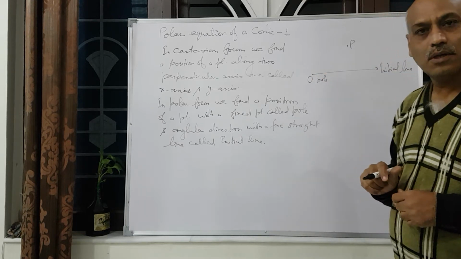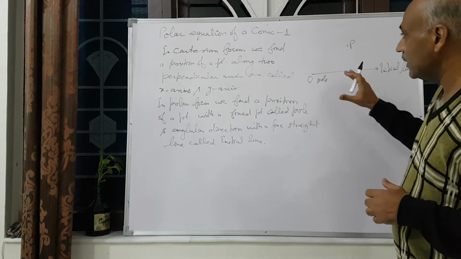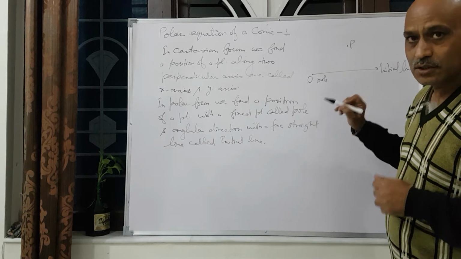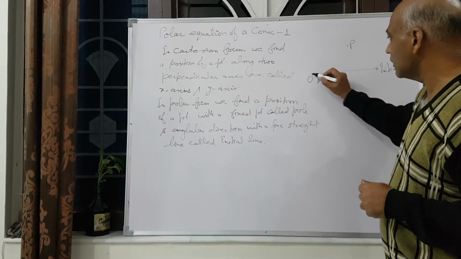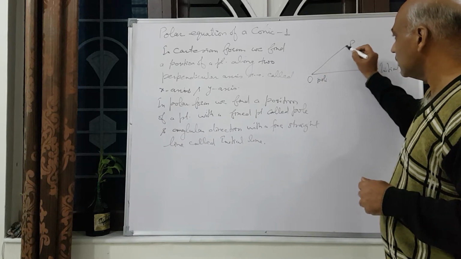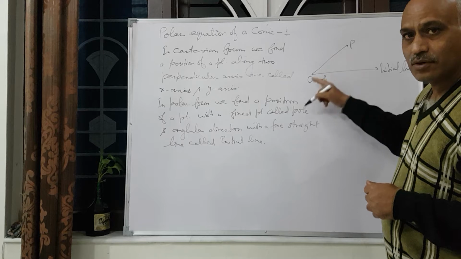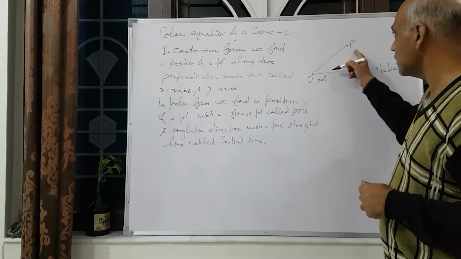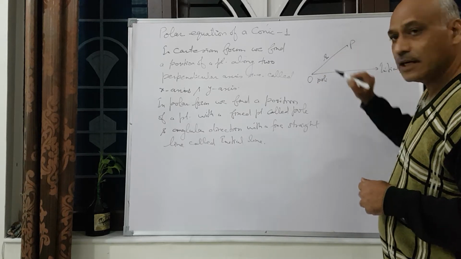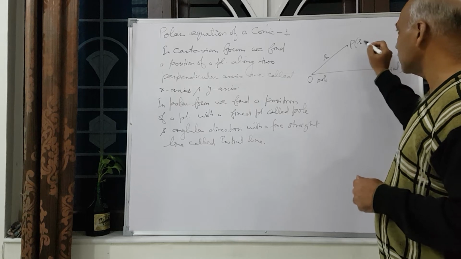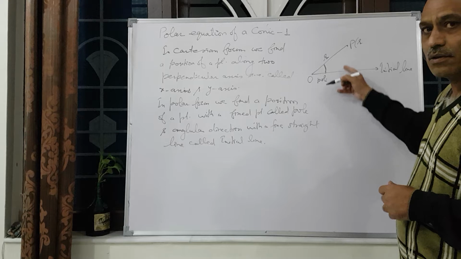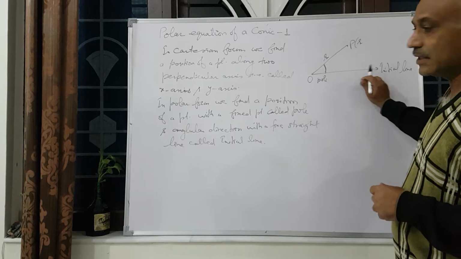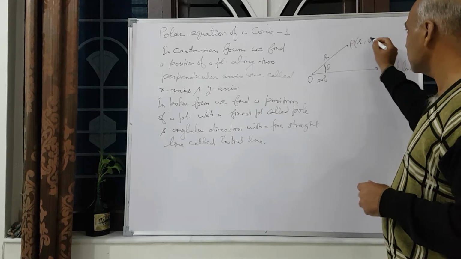This is the pole, fixed point O. So we need two things to find the location of P. First, the distance of P from O, suppose this is r, and the angular direction of P from this fixed straight line. This is called theta.